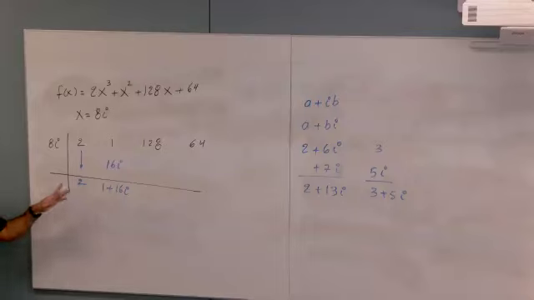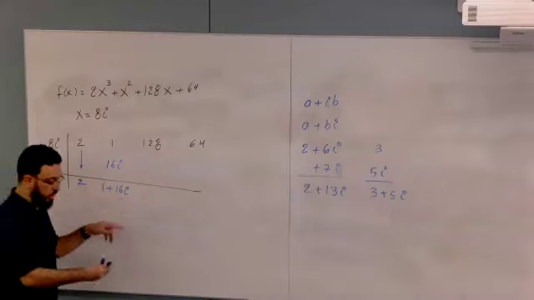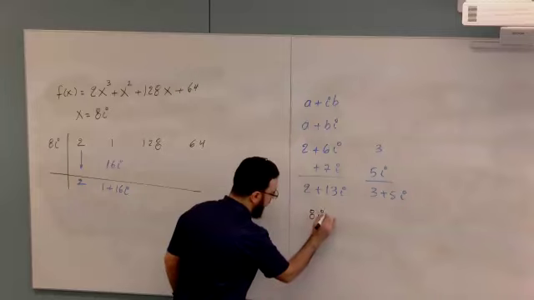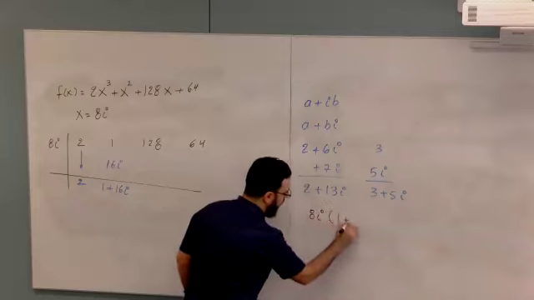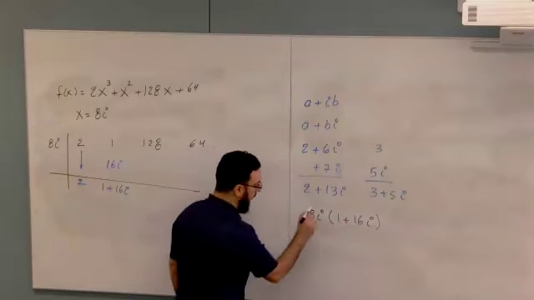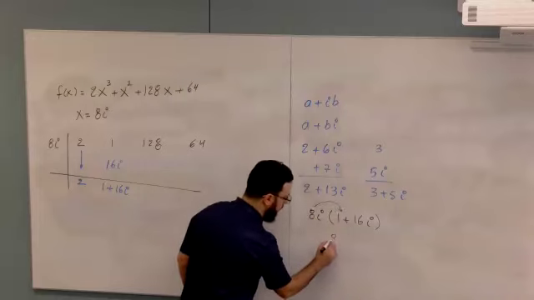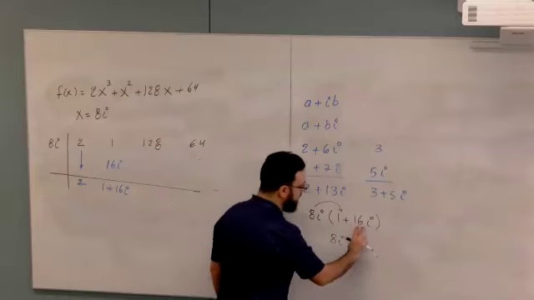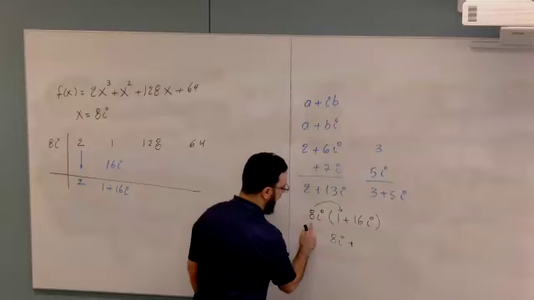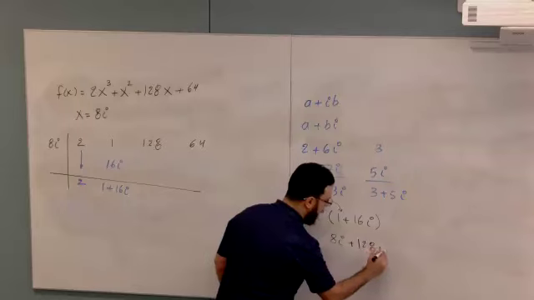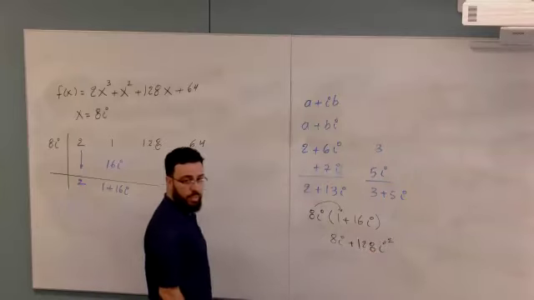Now let's go, 8i times the whole thing here, right? We'll do it on the side. 8i times what? 1 plus 16i. We're going to FOIL it. 8i times 1, 8i. Now 8i times 16, 128, and i times i, i squared.